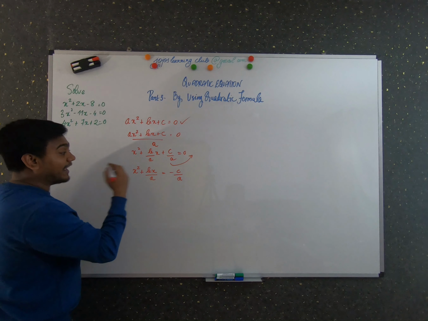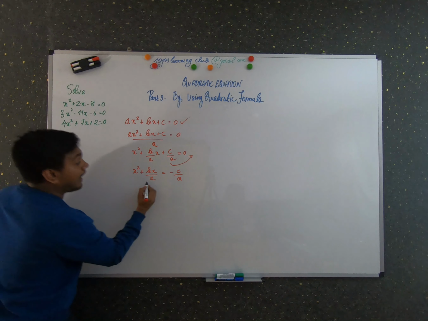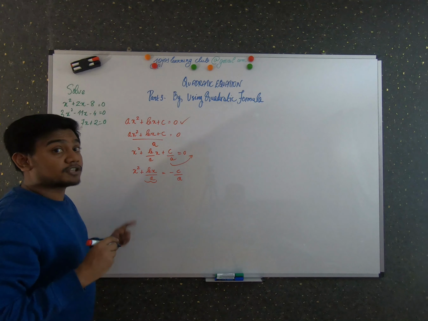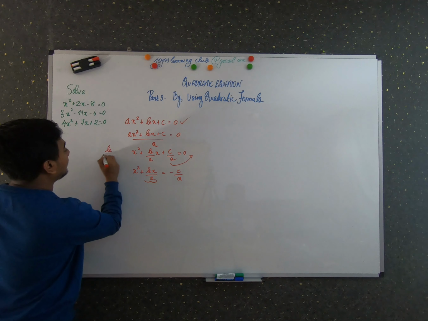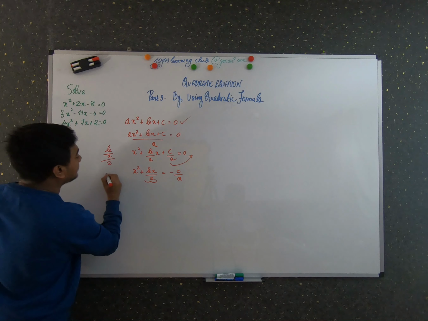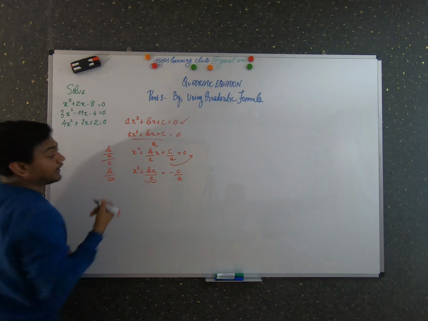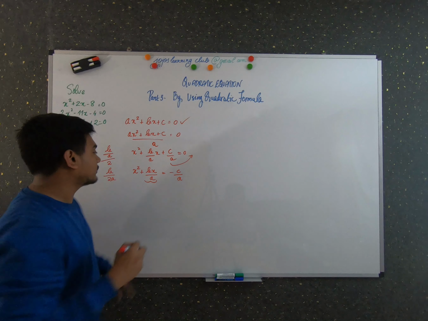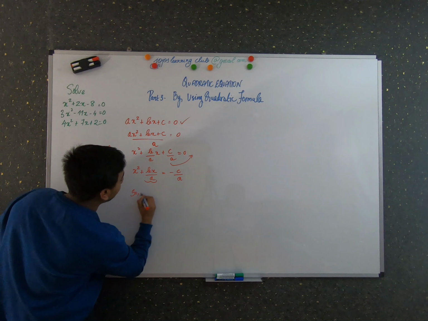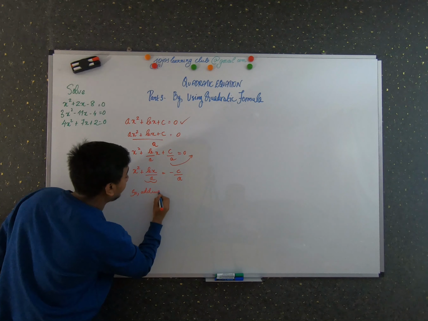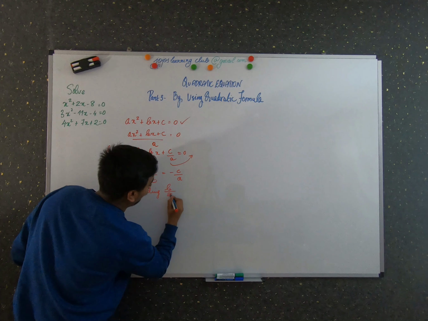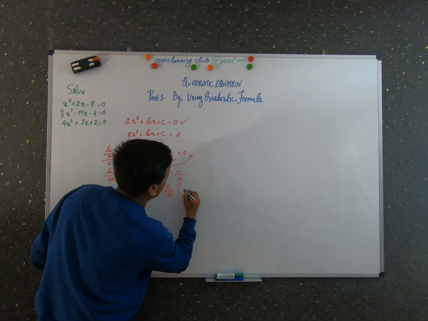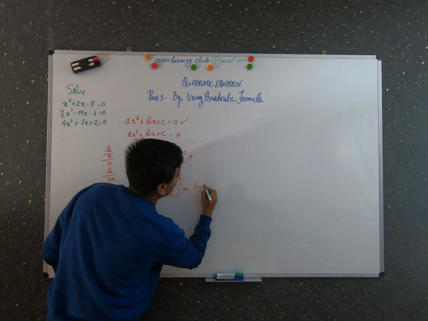Okay, what is the next step? What am I going to do? I have to take half of the coefficient of x. What is half of the coefficient of x? b by a by 2, that is b by 2a. And I have to take the square of this term and add it to both sides of the equation. So adding b by 2a the whole square on both sides of the equation.